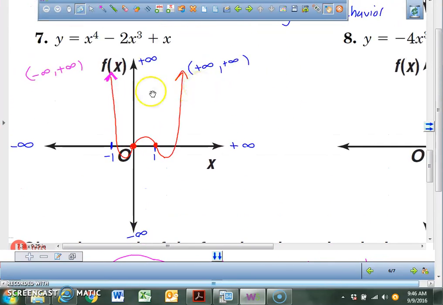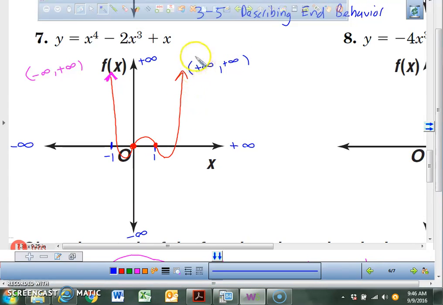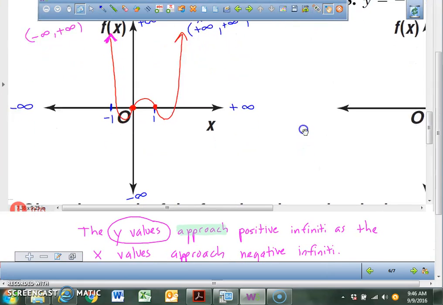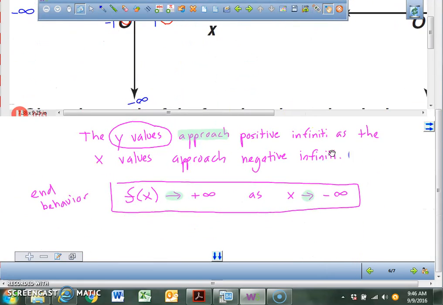and let's look at the next one. So over here we have positive infinity and positive infinity. But this right here, these are referring to our x values, these are referring to our y values. So let's think about what sentence I'm going to write. One thing's going to be the same.